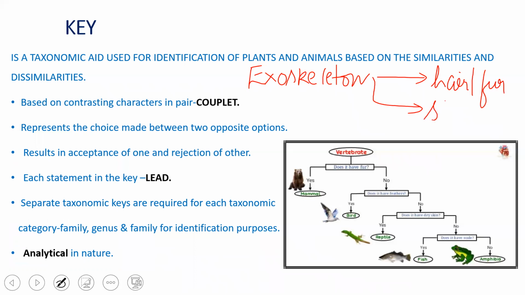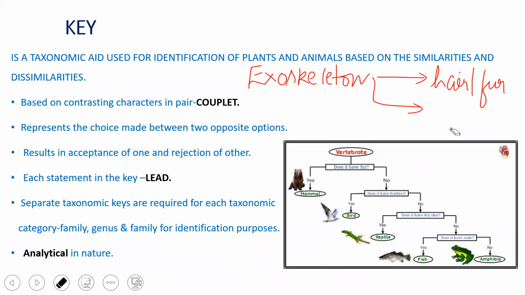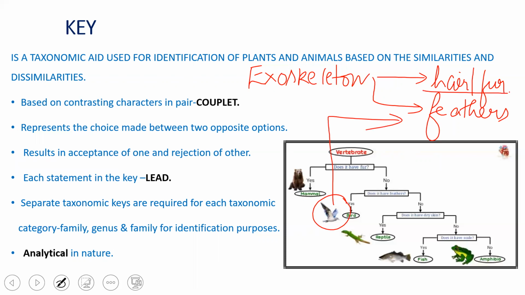The next is the exoskeleton being feathers. We know that this X is having feathers. So hair or fur will be a rejected statement, and feathers will be considered as an accepted statement.